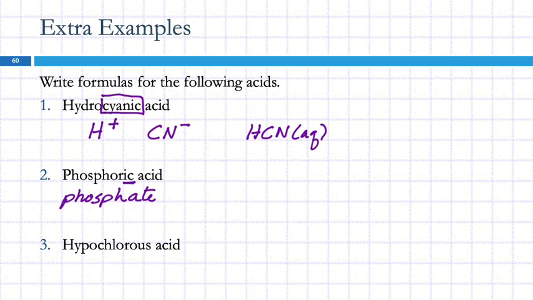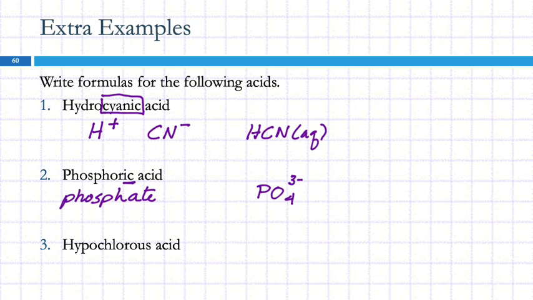So I need to write the formula for the phosphate ion. So it's going to be phosphorus and oxygen, and then what do you think? How many oxygens? It's got 4, and the charge? It's -3. Because that's what it is. And you have to remember it.